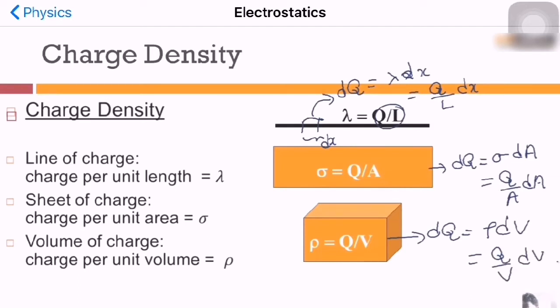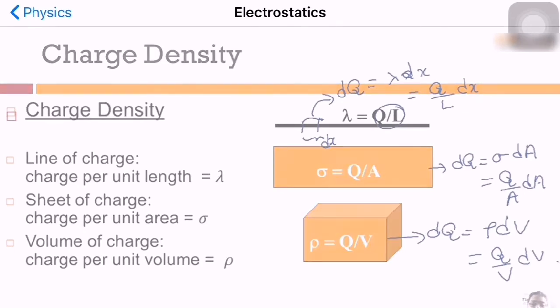This way, if you are given a continuous distribution of charges, you are going to use integration to find the value of the electric field. Here you are going to take small portions which will have uniform charge density. It can be linear charge density, or surface charge density, or volume charge density. Let's try to see some applications of this in our forthcoming topics.